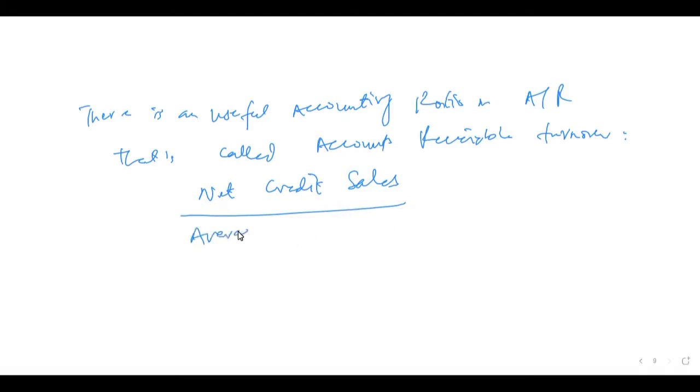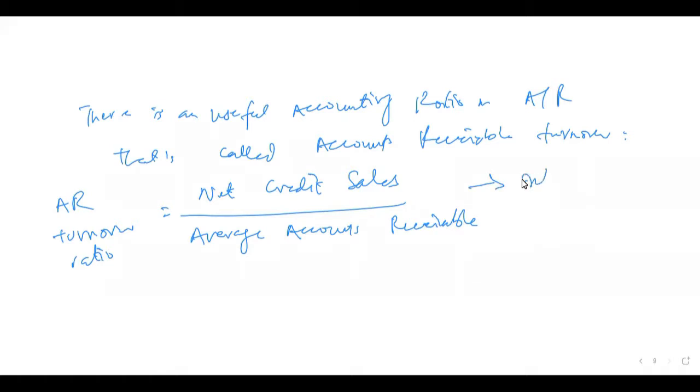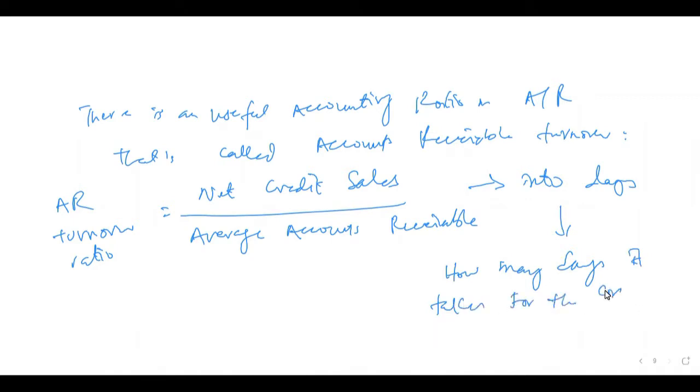And then you divide the number by average accounts receivable. So this is basically called the AR turnover ratio. Then you can convert this into days, which basically tells you how many days it takes for the company to collect cash.